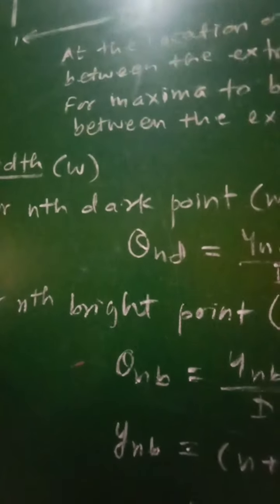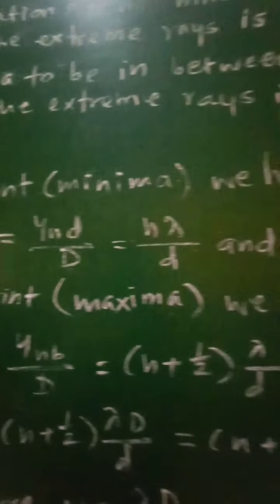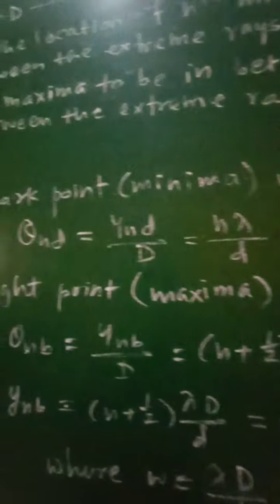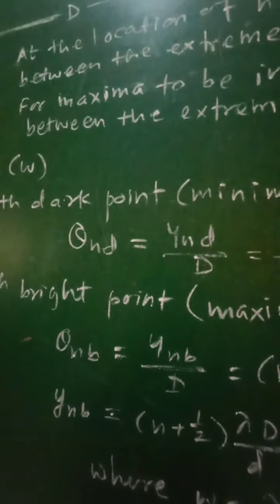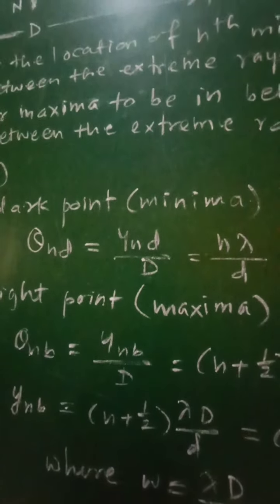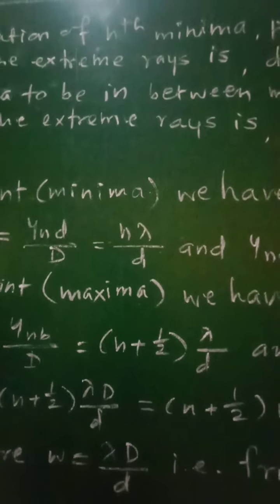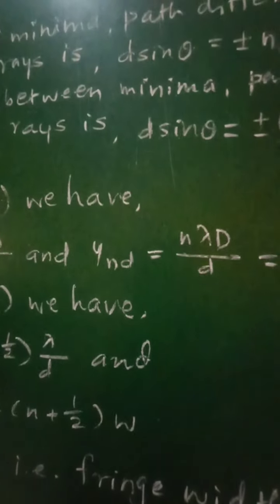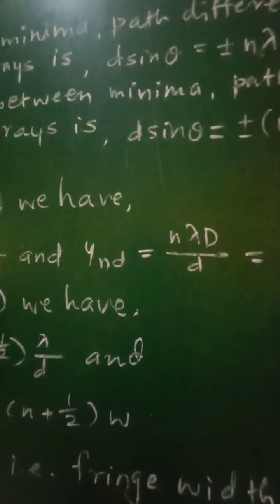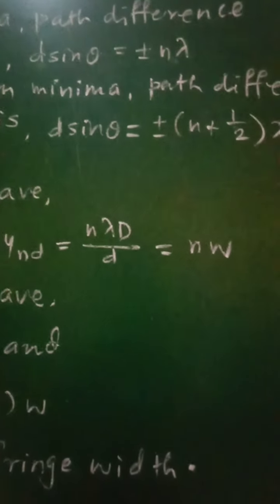For the nth dark point, that is minima, the angular separation theta nd equals ynd upon d, which equals n lambda upon d, and the distance of the nth dark point, ynd, equals n lambda D upon d, equal to nW.